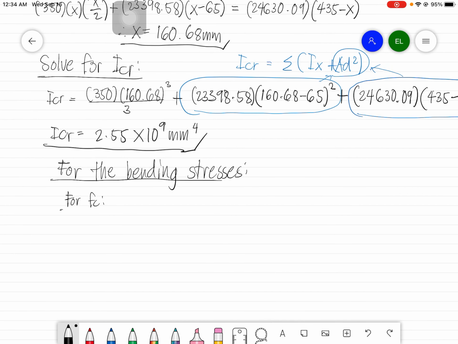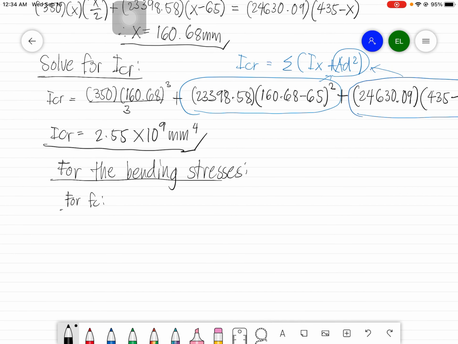So we have a moment which is 160 given, times 10 raised to 6, again converted into Newton mm, then the value of y here. As I mentioned earlier, from the formula, they have different values of y.